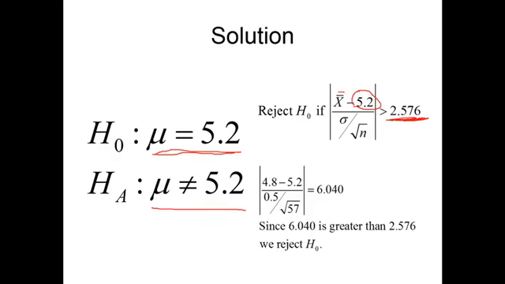So if our average is too far from his, then he's wrong. We run this through and we get 6.04, and we ask, is 6.040 bigger than 2.5? And the answer, yeah, it is bigger. So we reject, and we're not even worried about it.